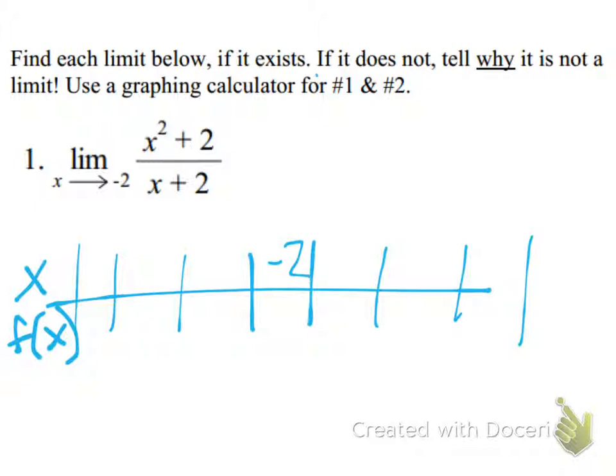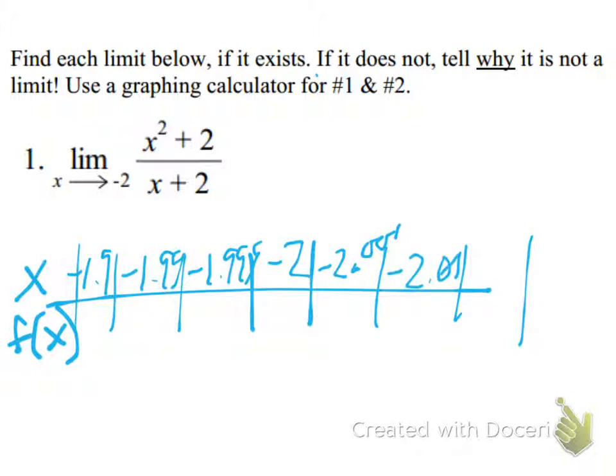So the values that I picked on the left were negative 1.999, negative 1.99, negative 1.9. And on the right, I picked negative 2.001. My whole point in doing this is that I want to pick numbers that are really close to my number, since I can't actually put in the exact number that I'm looking for.